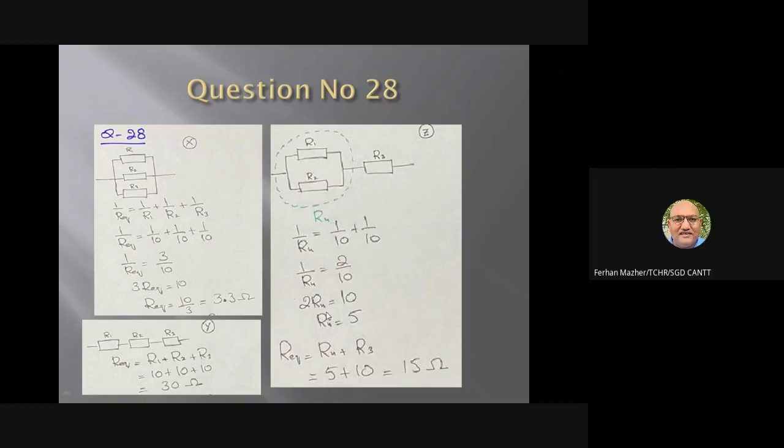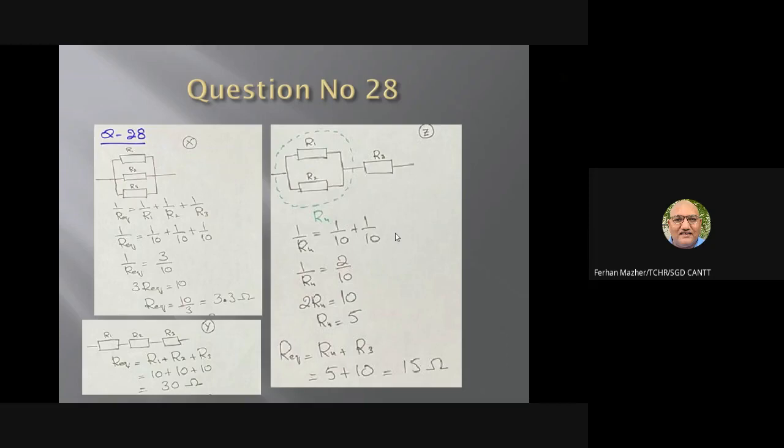Cross multiply: 2R4 is equal to 10, so R4 will be 5 ohm. This R4 is connected in series with R3, so the R equivalent for the whole network will be R4 plus R3, that is 5 plus 10, equal to 15 ohm.